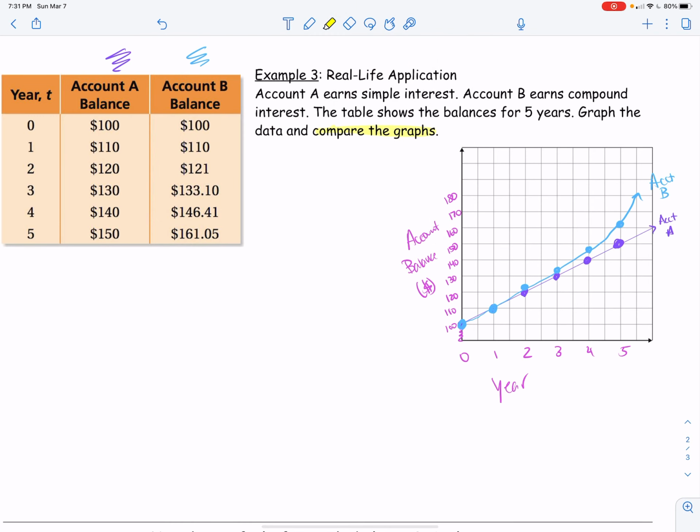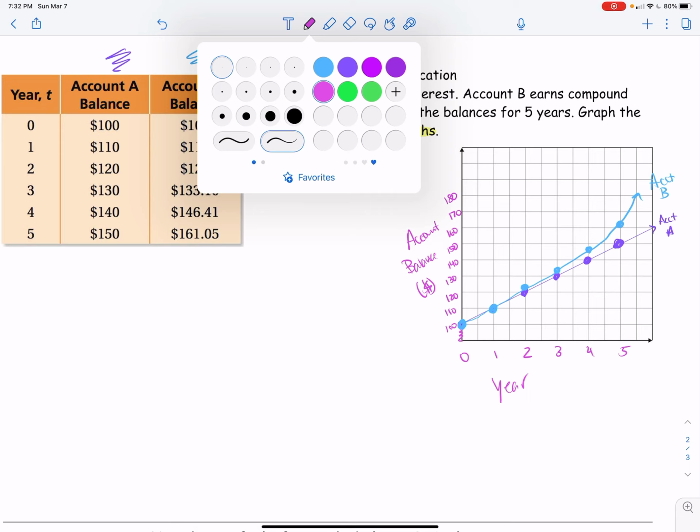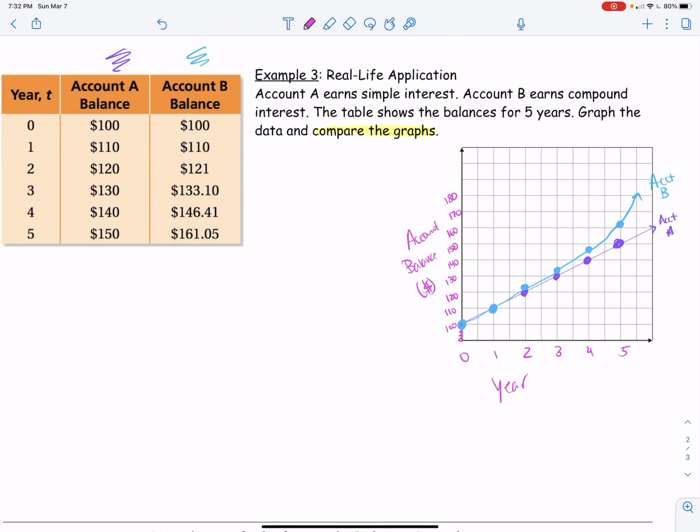It says to compare the graphs. So using the terms we talked about earlier today, which one has a constant rate of change and which one doesn't? Well, it looks like account A has a constant rate of change. And account B is non-linear, right? Because it's not linear.